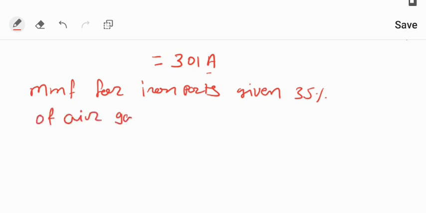We just found the value of air gap MMF, so we can calculate in this way.